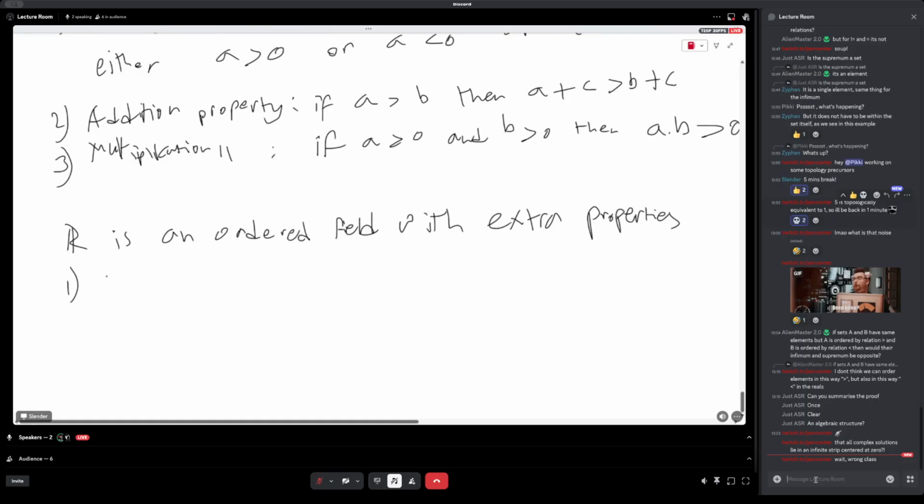Okay, so R has the least upper bound property.